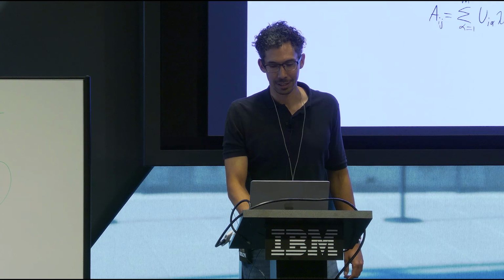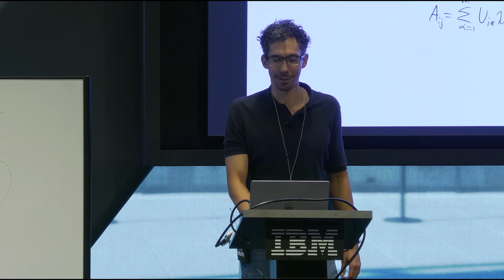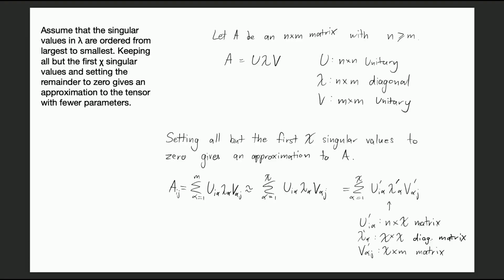Singular value decomposition basically gives you a way of approximating matrices by matrices of a lower rank. As I mentioned, the singular values, the diagonal entries of this diagonal matrix, are decreasing.